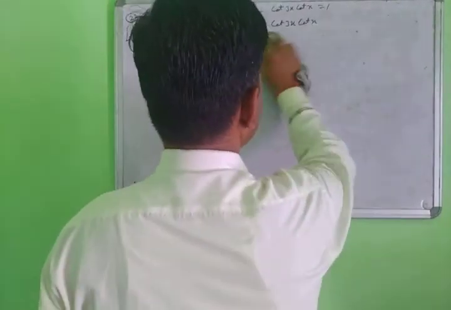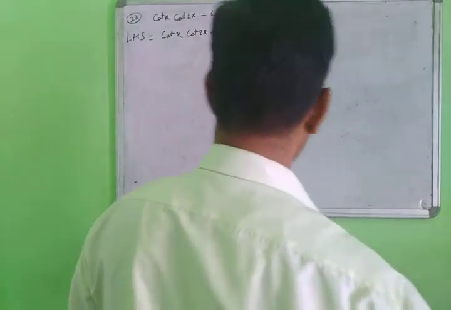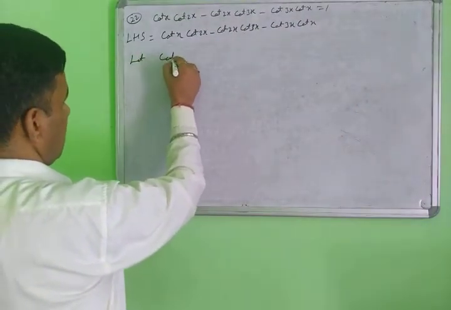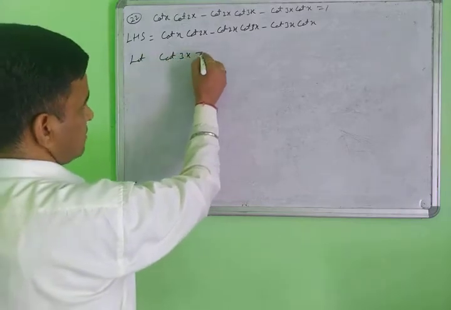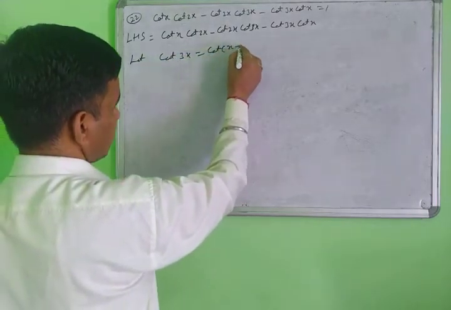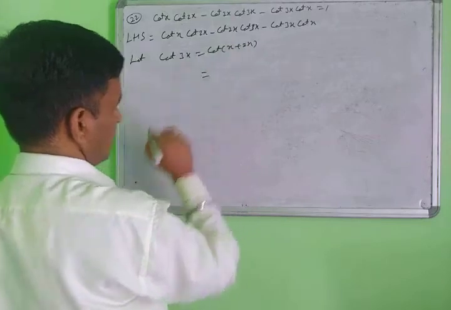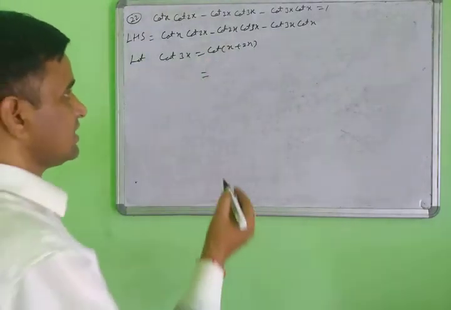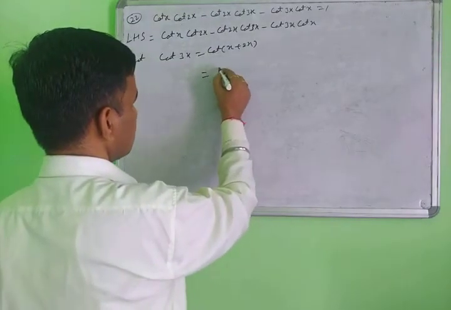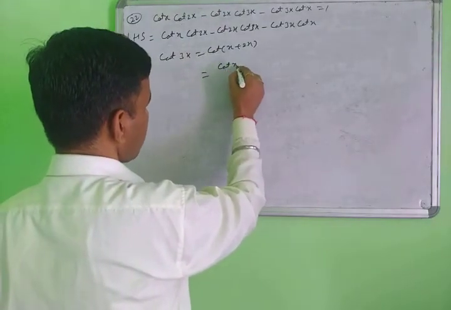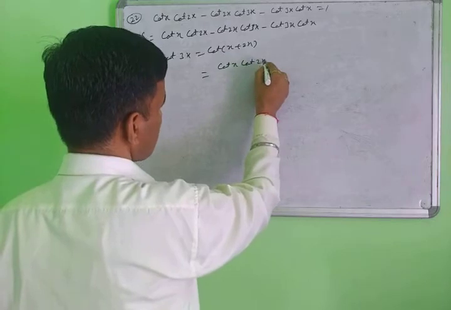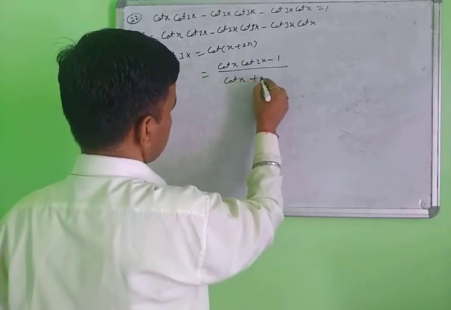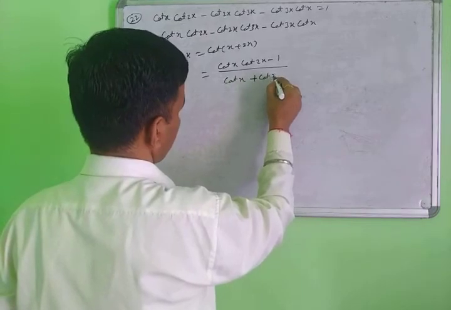Yes, now down here, on the left I am taking only cot 3x. This means cot 3x is cot of (x plus 2x), and this is the identity of cot (a plus b). What is cot (a plus b)? Cot x cot 2x minus 1 upon cot x plus cot 2x.